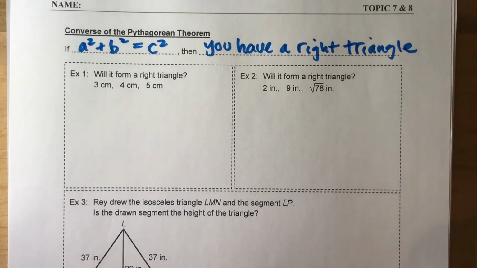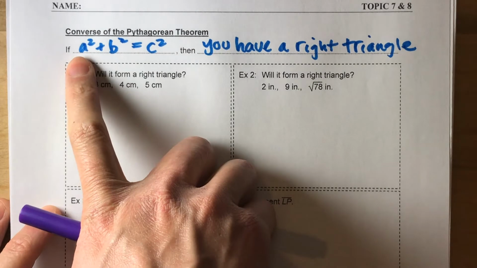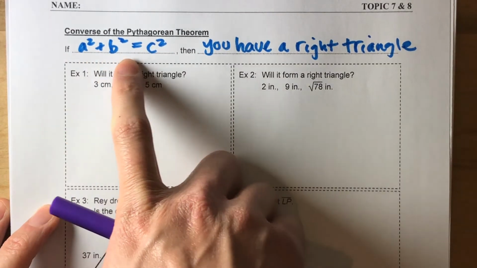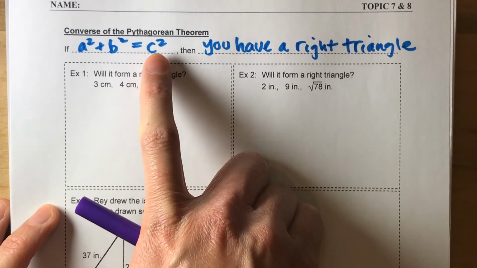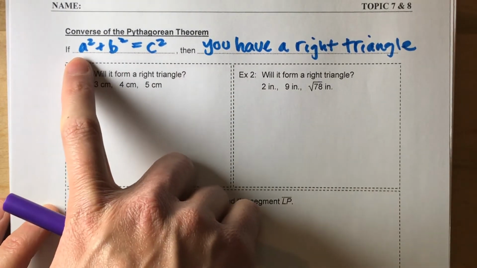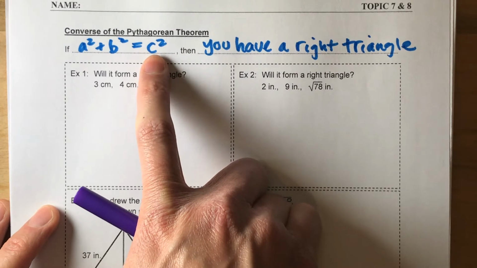And that's our way to test if something is a right triangle or not. Now, it's important when you set it up and put the numbers in to test it out, c is your hypotenuse. The hypotenuse is always the longest side. So always make sure when you're given 3 sides, c is the longest side.